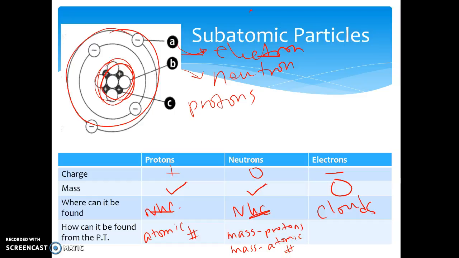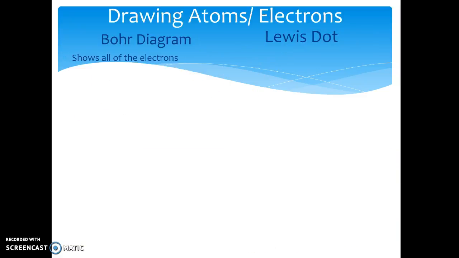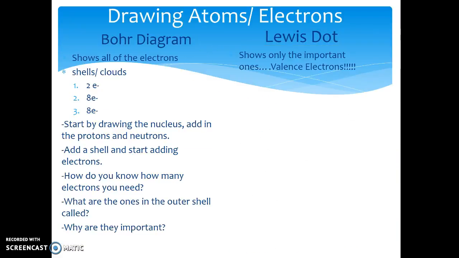Hopefully you realize that those are both the exact same thing. And last but not least, you find the number of electrons by also looking at that atomic number. Okay? So now that we've reviewed that, let's move on. We're not going to go over this.